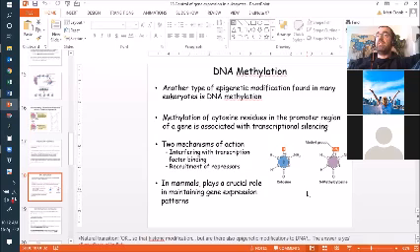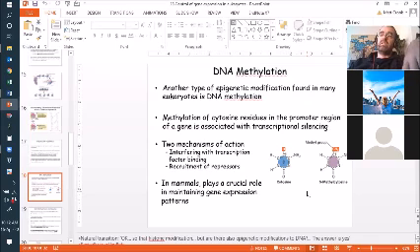And if it's heavily methylated, it will typically be transcriptionally silenced. It'll be shut off. And even if proteins want to bind to that regulatory region or promoter, they cannot. So even if there's a signal saying, hey, we need this gene product, we need this protein, if that promoter is heavily methylated, it won't happen. Even if there's no chromatin present, even if there are plenty of proteins present that want to bind to it, it won't happen.